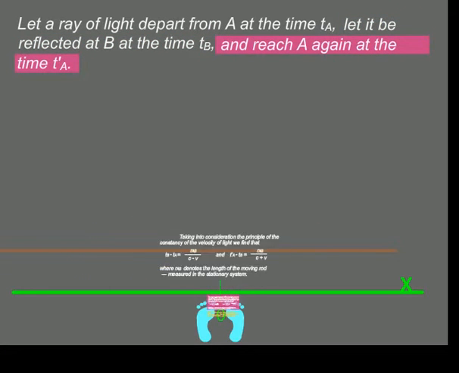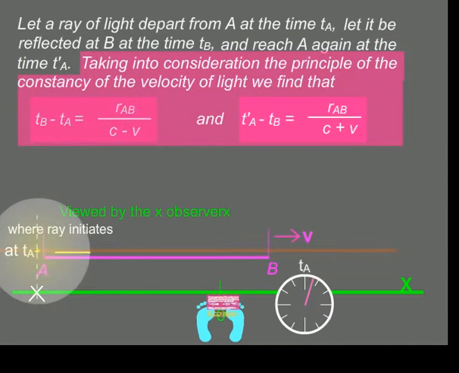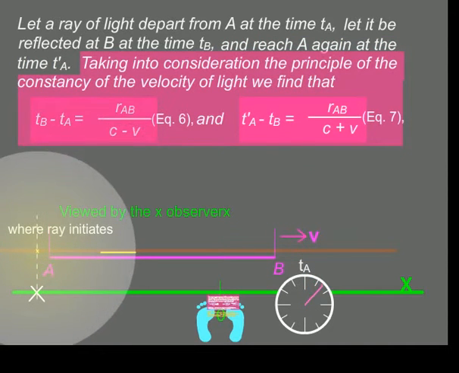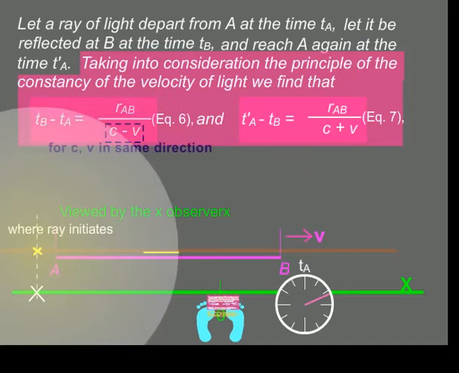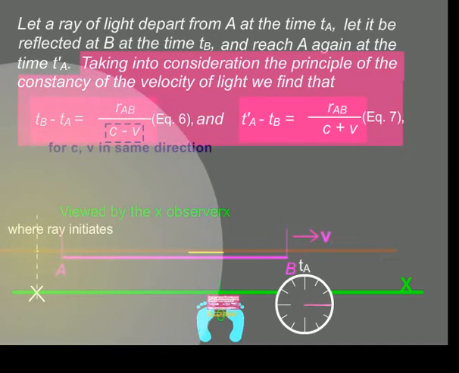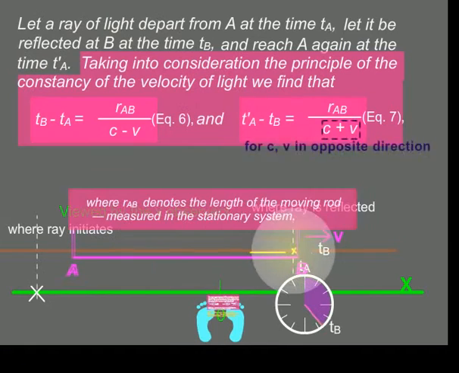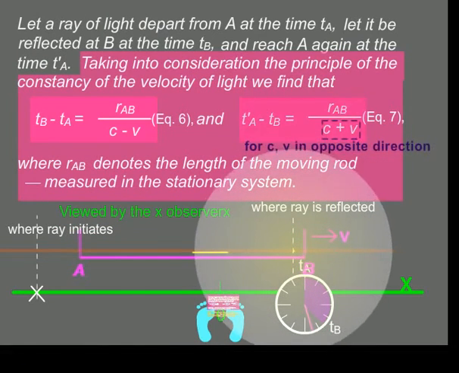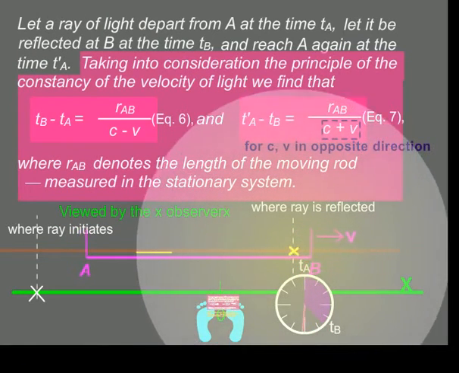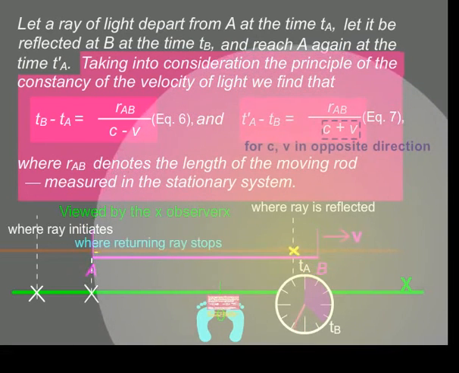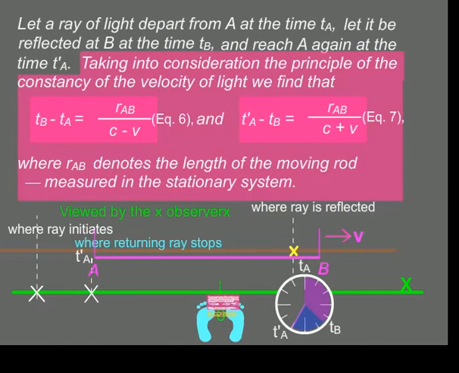Taking into consideration the principle of the constancy of the velocity of light, we find the equation number 6 and equation number 7, where RAB denotes the length of the moving rod measured in the stationary system.